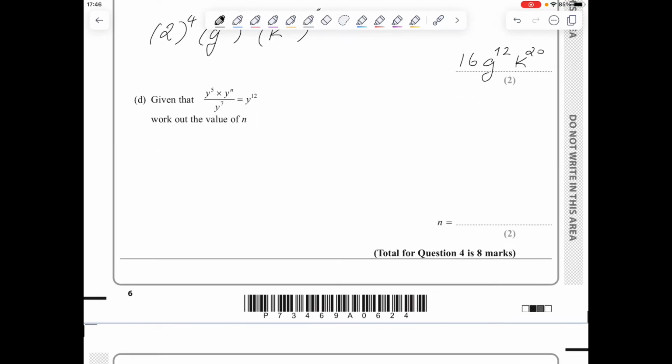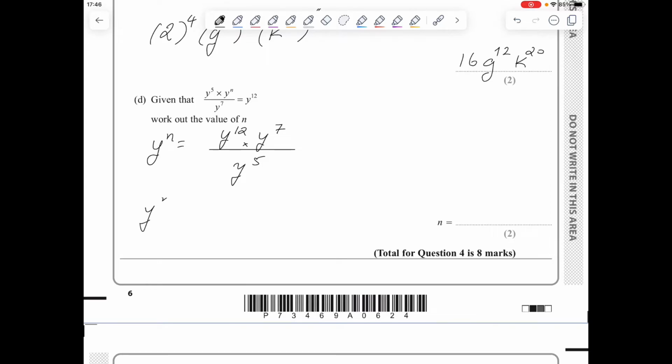For part D, I'll multiply both sides by y to the 7, so this goes to the other side by multiplication, and divide by y to the 5, so this will come to the right with division, so I'll get y to the n is equal to y to the power of 12 times y to the 7 over y to the 5.